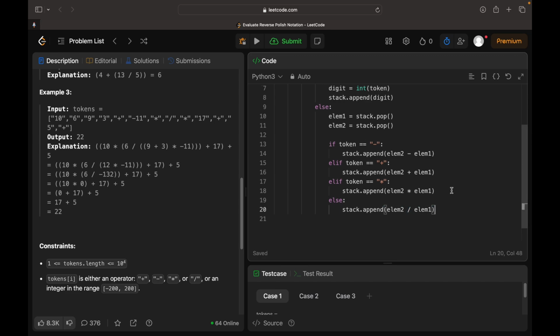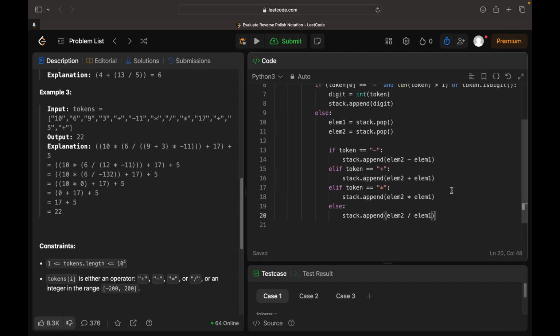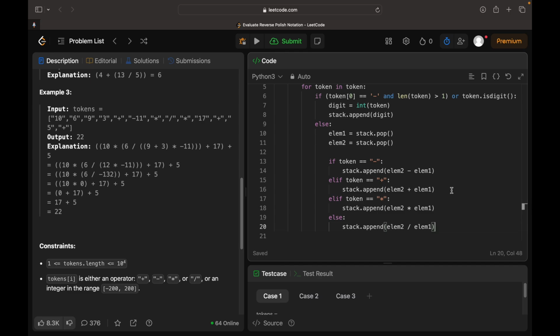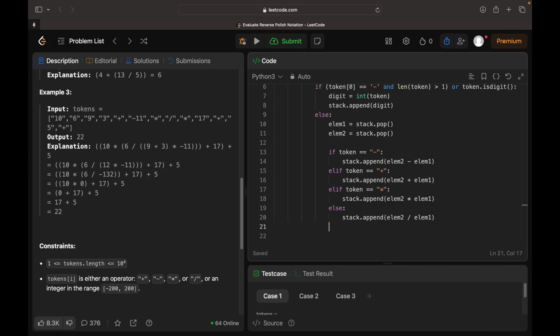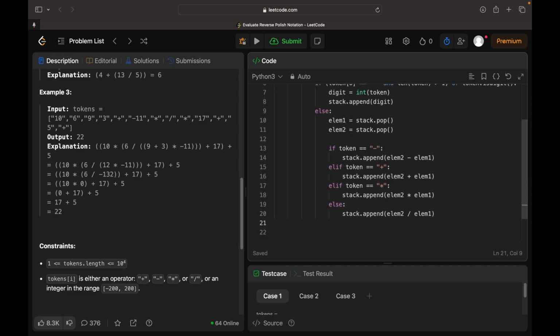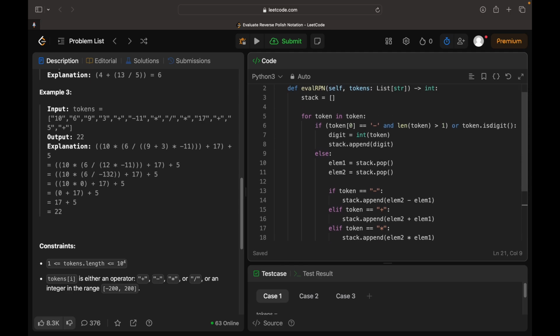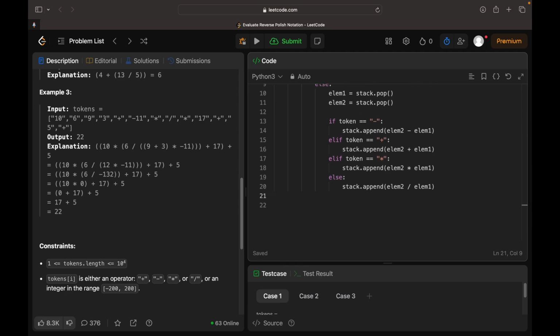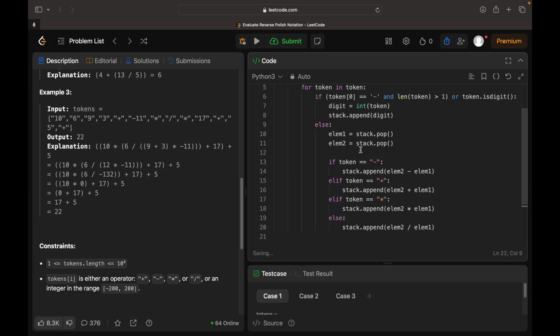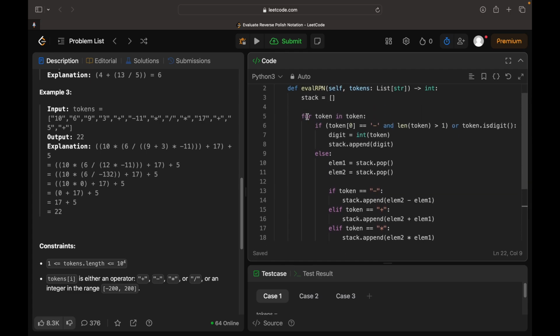Cool. So having understood that and having the code for it, I think we're all set. So we can go ahead and just have something like this done. So by the end, we are expecting that all the tokens have been completed.